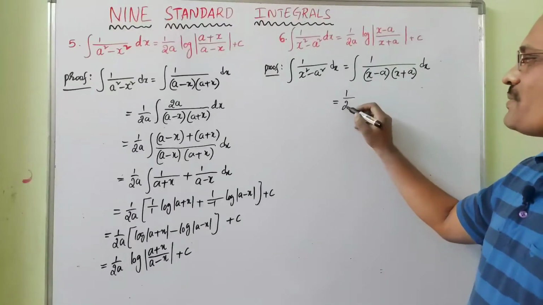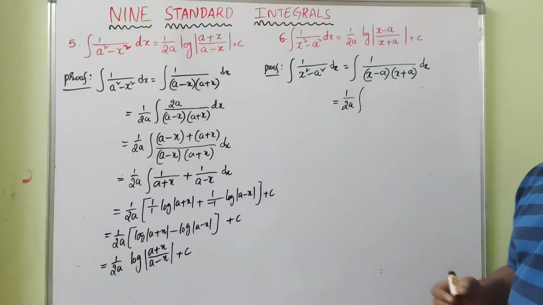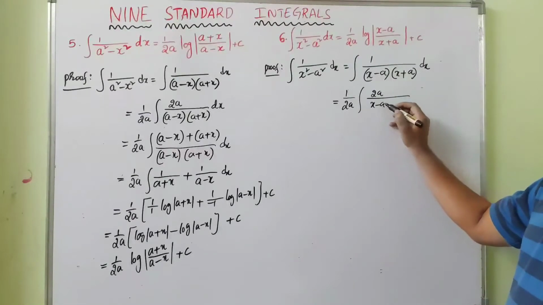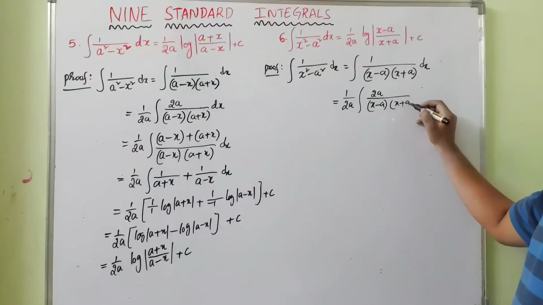So what I am doing is I am multiplying and dividing with the constant 1 by 2a. So 2a by x minus a into x plus a.